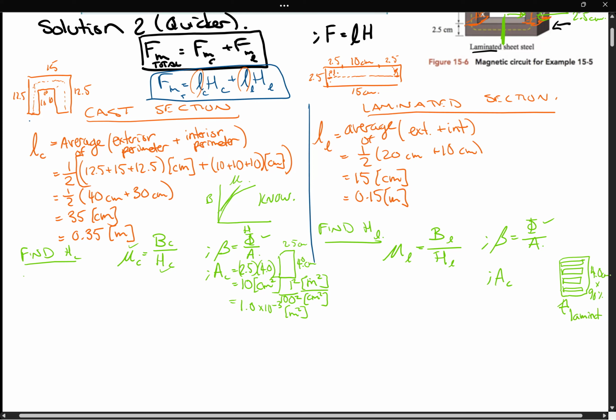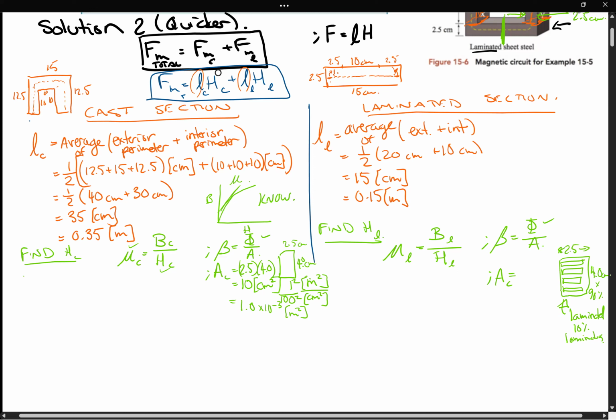Laminated, 10% laminations. So you don't take that 10%, you only take 90% that's actually sheet steel. And in the other direction, I can take the 2.5 centimeters.